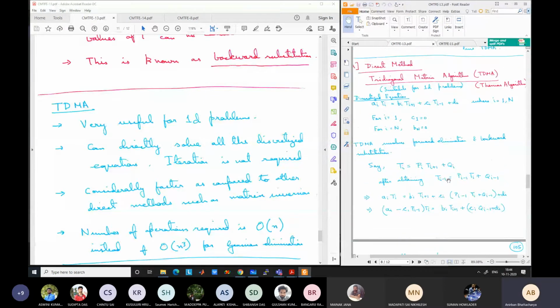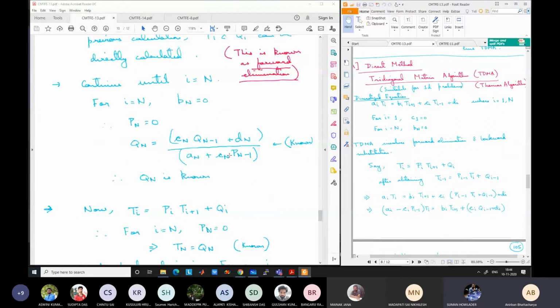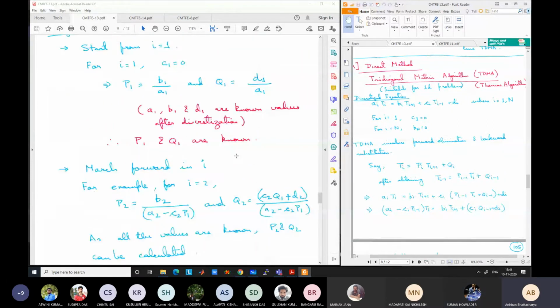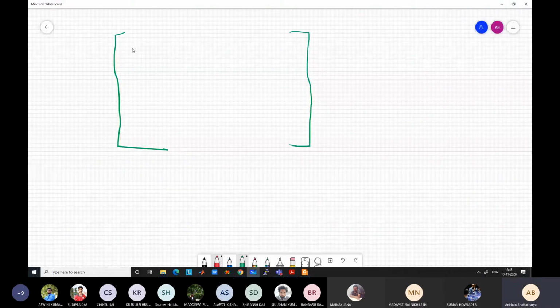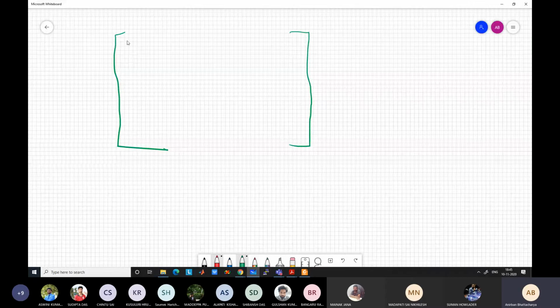What do we mean by tridiagonal? The tridiagonal matrix algorithm means we have a coefficient matrix which has this type of structure. Say, values minus C1, A1, minus B1, 0, 0, 0, 0.